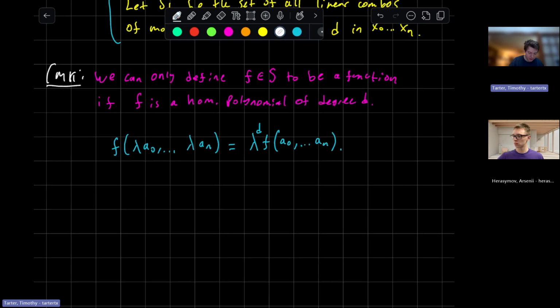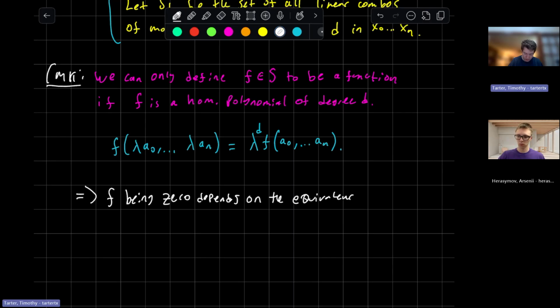And then this induces the polynomial being 0 depends on the equivalence class of (a_0, ..., a_n).